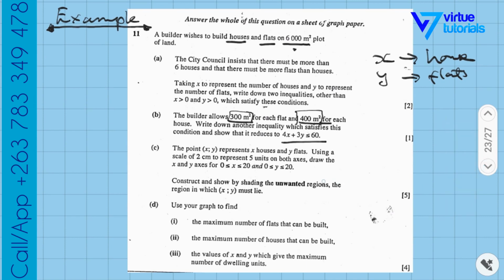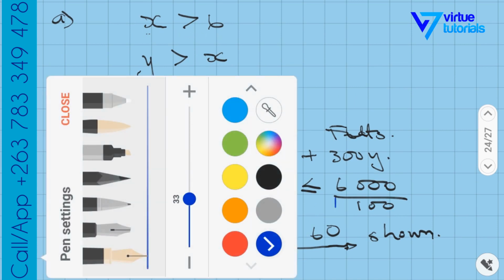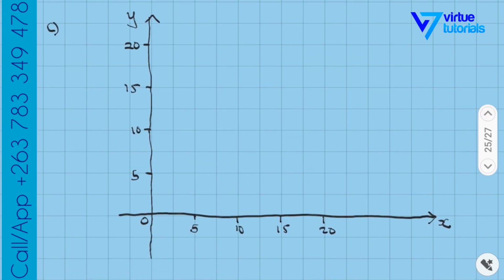They said now construct, and show by shading the unwanted regions, the region in which xy must lie. So we need to draw the inequalities we've come up with. The first one is x is greater than 6. Our 6 is somewhere here.